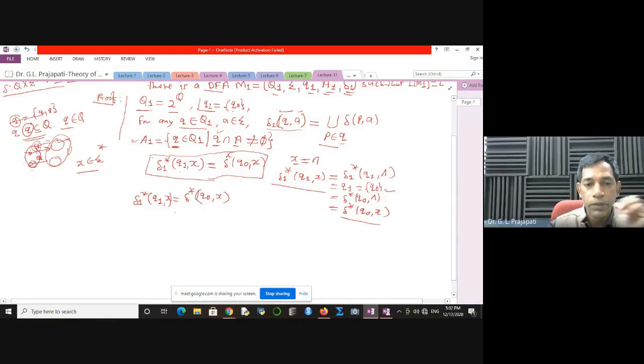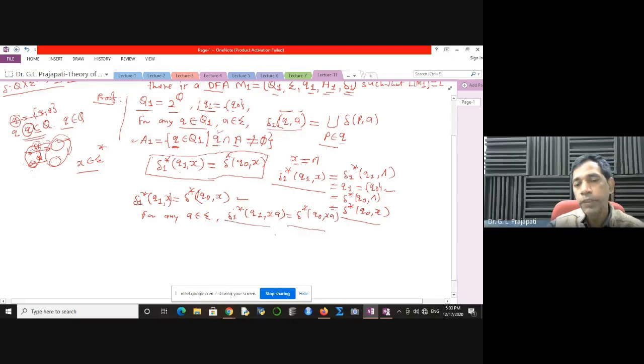Then we need to show that for any a belonging to sigma, delta 1 star (Q1, xa) is equal to delta star (Q0, xa).